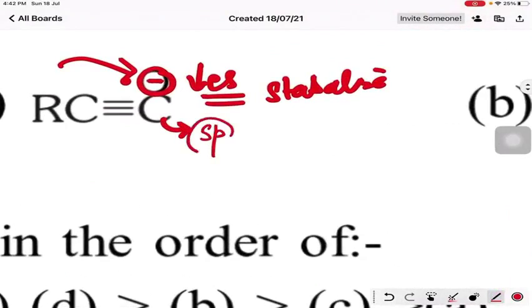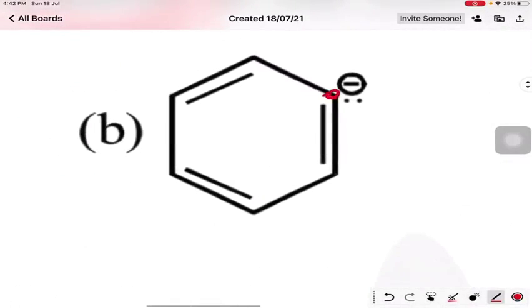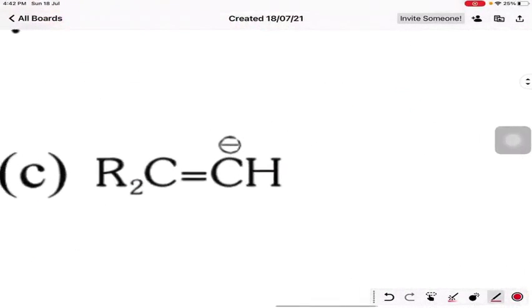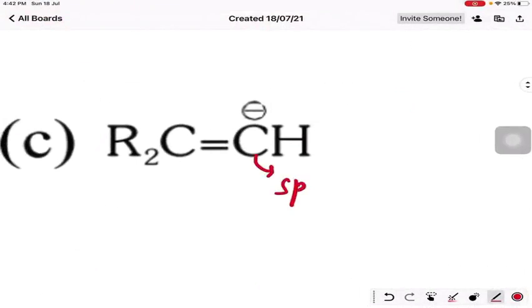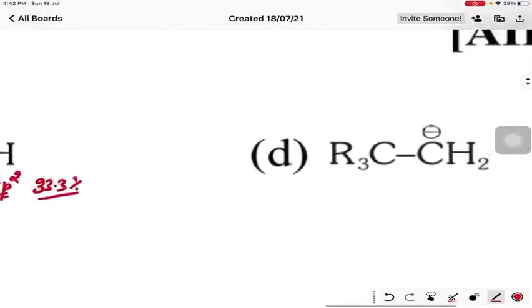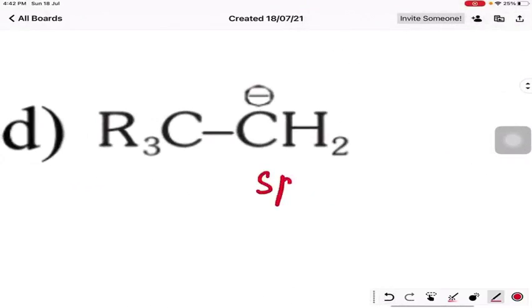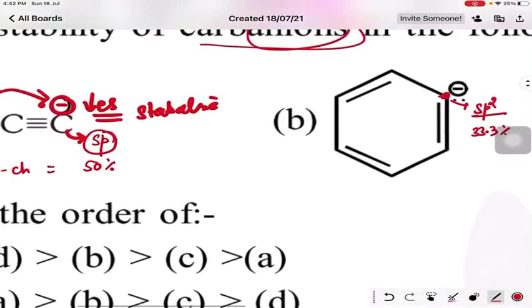It is an sp hybridized carbon with 50% s character. This carbon is sp2 hybridized with 33.3% s character. This carbon is again sp2 hybridized with 33.3% s character, and the last carbon is sp3 hybridized with 25% s character. Now, how will you explain this stability using s character?